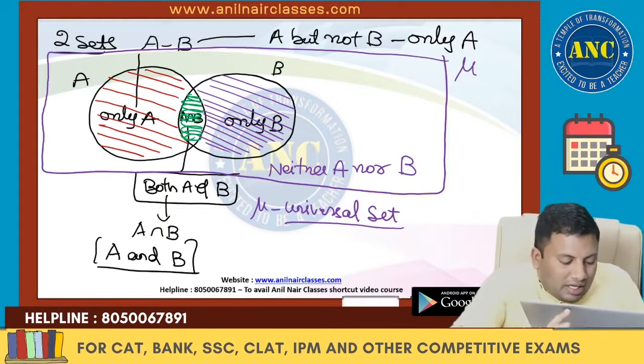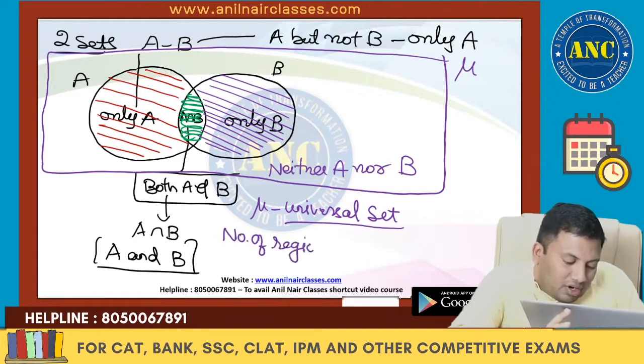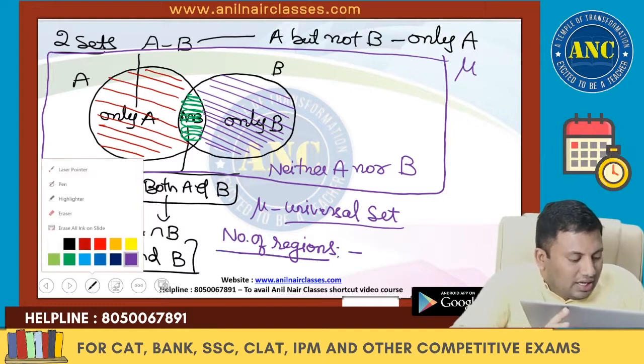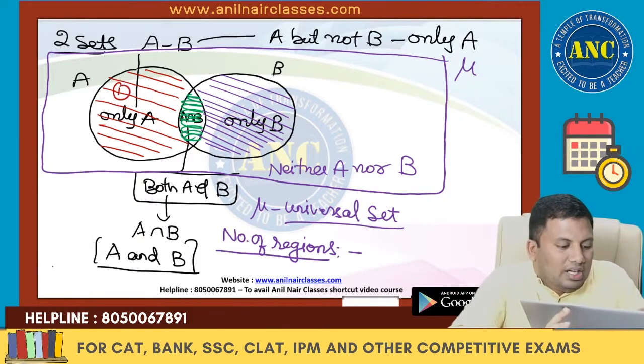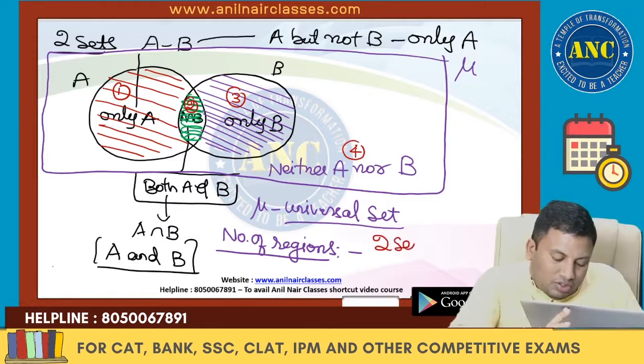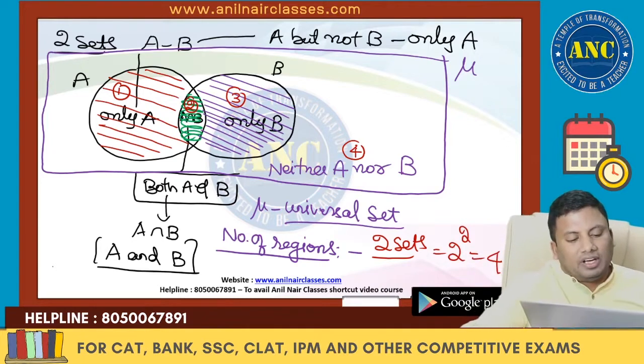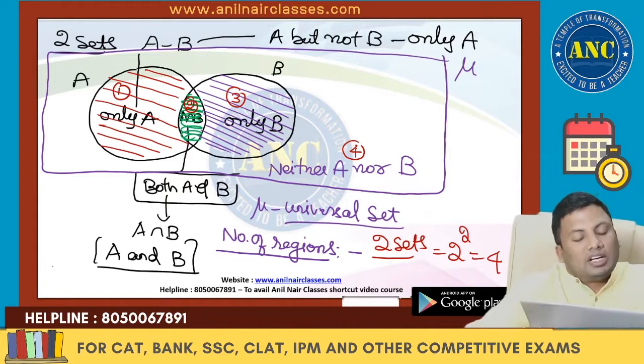Totally how many regions did we get in this set? Let us see. This is one region, this is the second region, this is the third region, and neither A nor B is the fourth region. That means if there are 2 sets, we get 2 squared, totally 4 regions. What are those 4 regions?